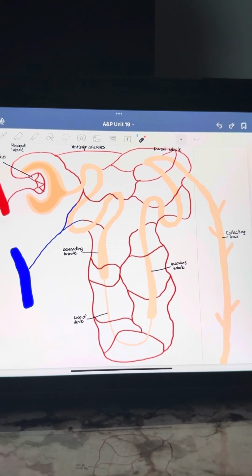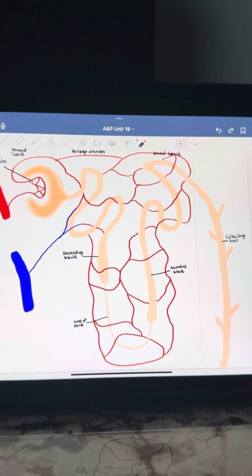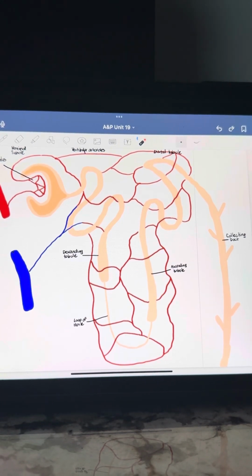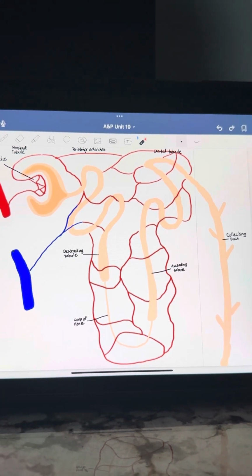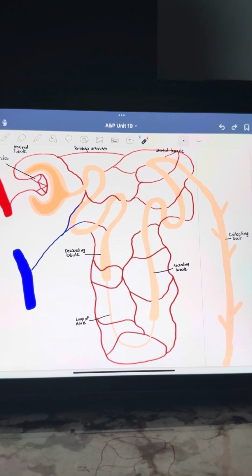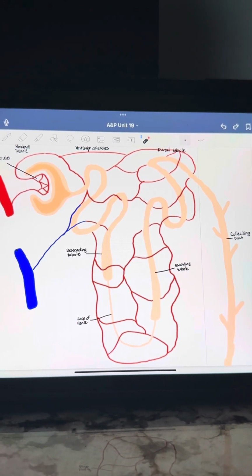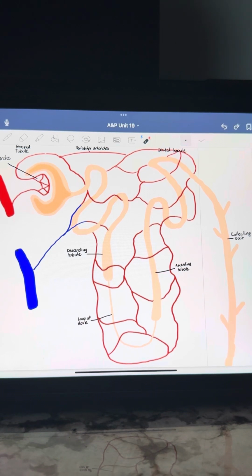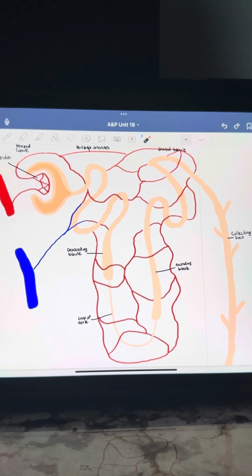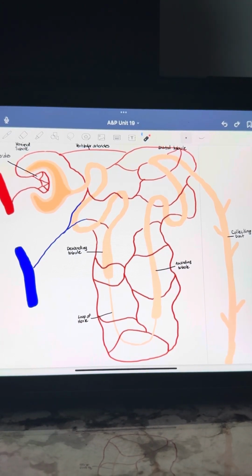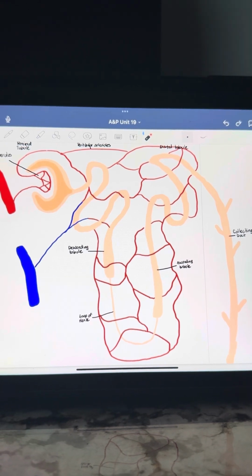So again, the vasa recta are the peritubular capillaries that dip into the medulla and surround the nephron loop. Vasa recta supplies the cells of the medullary space with oxygen and nutrients. It also facilitates reabsorption of water.